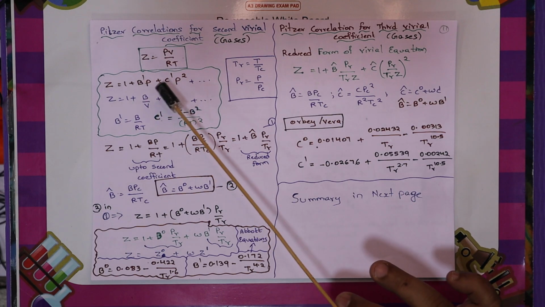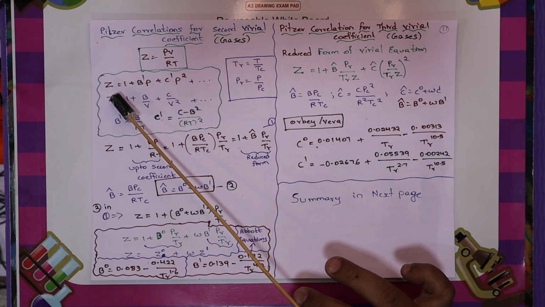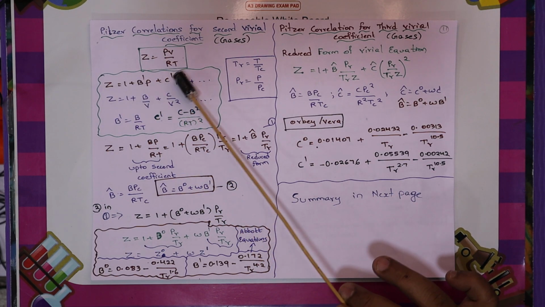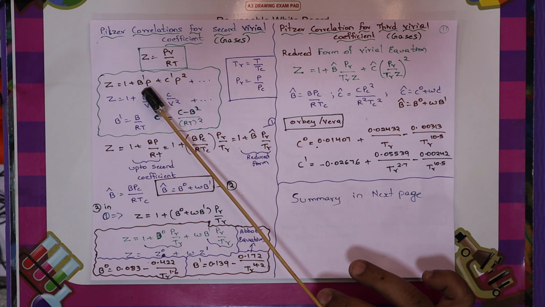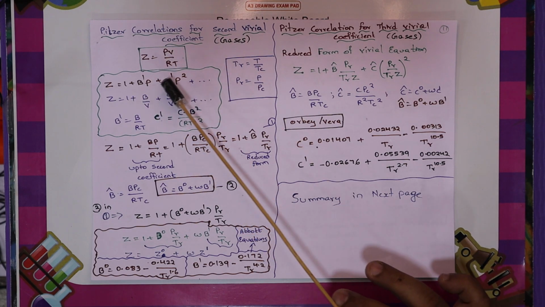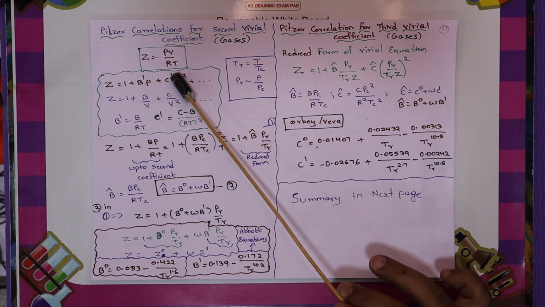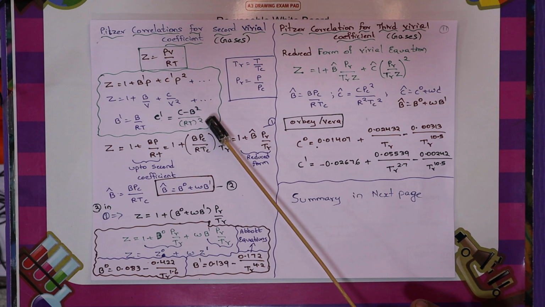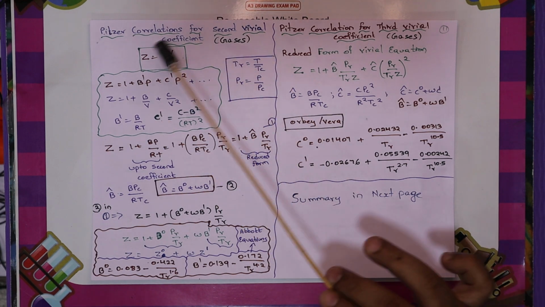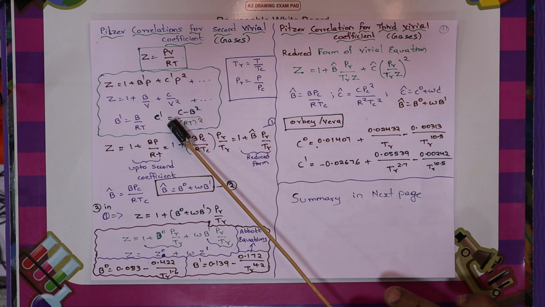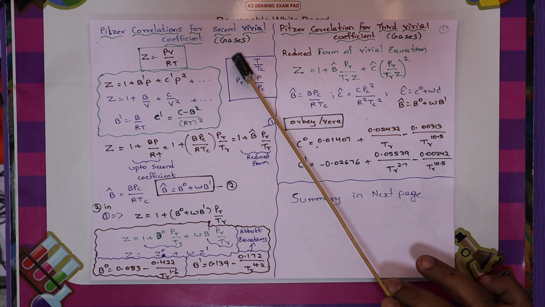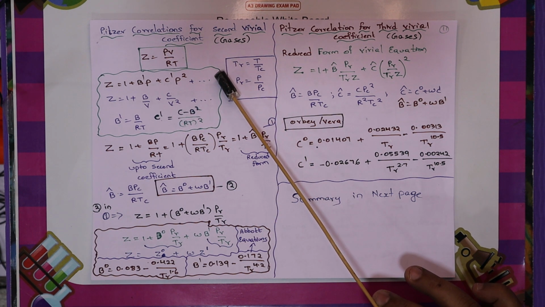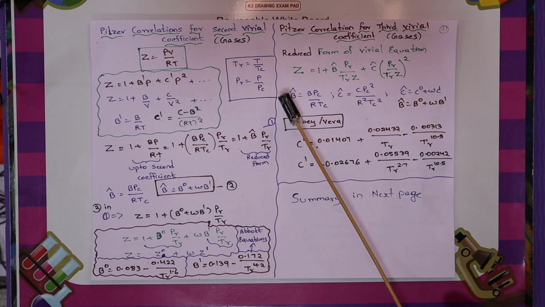If you remember the virial equation, Z equal to 1 plus B dash P plus C dash P square, or Z equal to 1 plus B by V plus C by V square. B dash and B can be correlated using B dash equal to B by RT, and C dash equal to C minus B square by RT whole square. This is in general the Pitzer correlation for finding the virial coefficients.